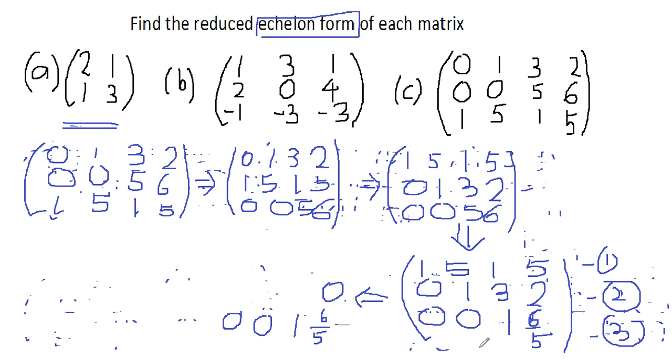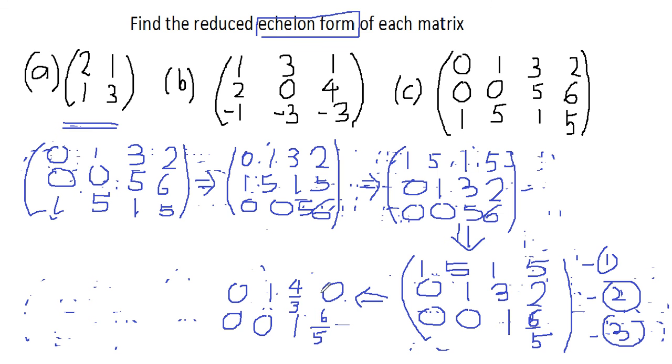So it's minus 5 over 3 plus 3 will give me 4 over 3. Minus 5 over 3 times 0 equals 0. 0 plus 1 equals 1. Minus 5 over 3 times 0 equals 0. 0 plus 0 equals 0.